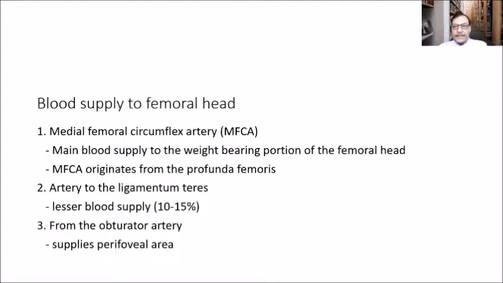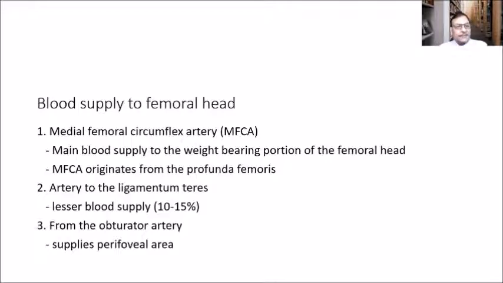The blood supply is a problem in cases of dislocation as well as in the fractured neck of the femur. And subsequently, if there is a loss of blood supply to the head, it goes for avascular necrosis, and then it is deformed and the ultimate result will be osteoarthritis.